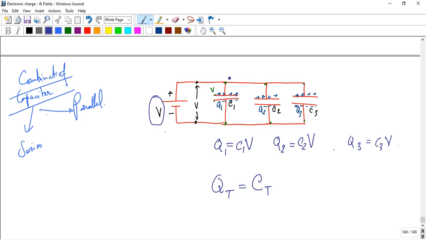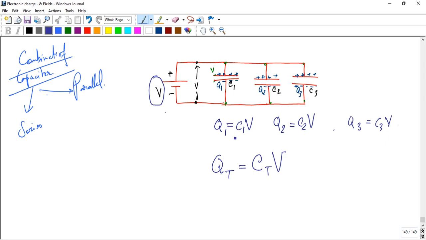If there are three capacitors in the combination, then the total capacitance is CT times V. Now here these two are equal.